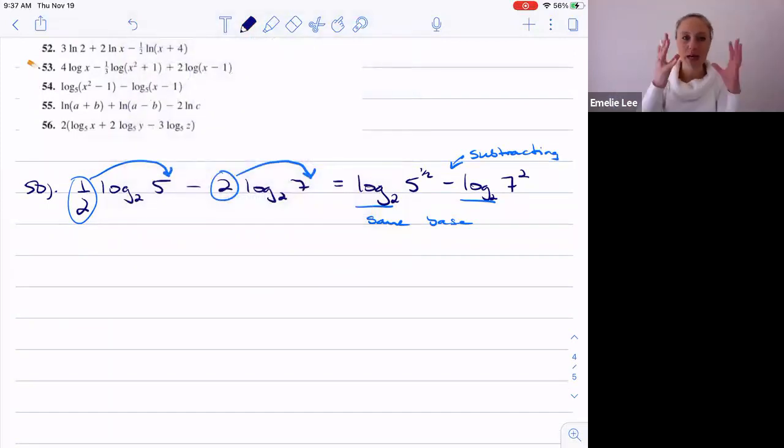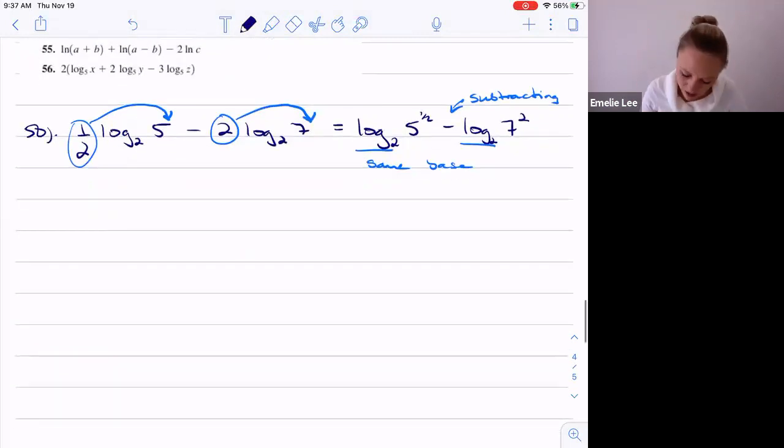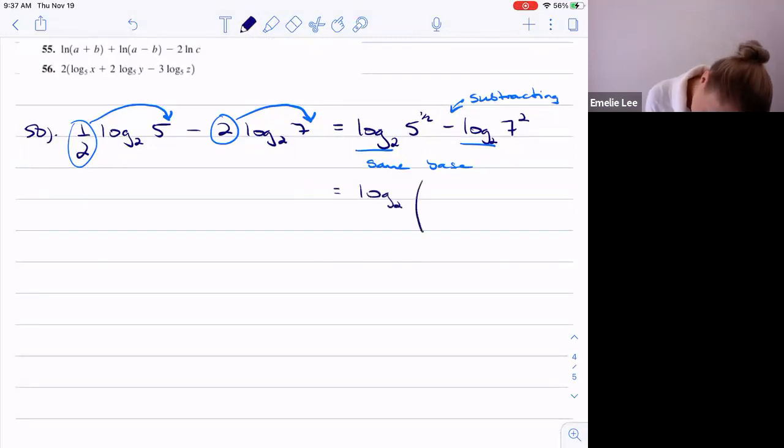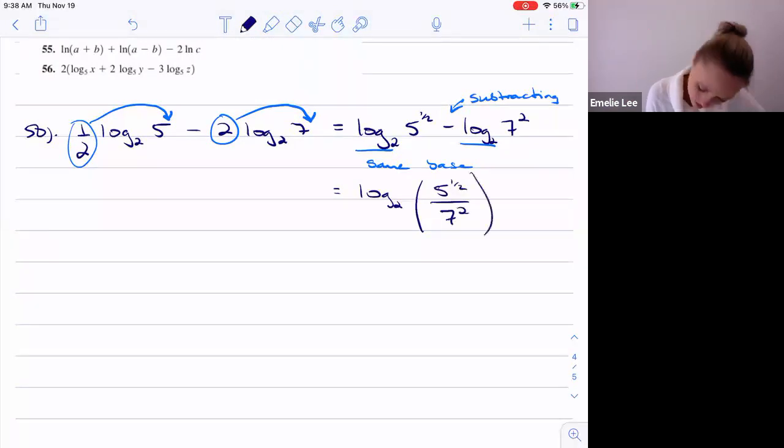So to combine this, to kind of accordion it up, we have log base 2 of 5 to the 1/2 divided by 7 to the power of 2. And you can simplify that, right? That's the root of 5, and then 7 squared is 49.